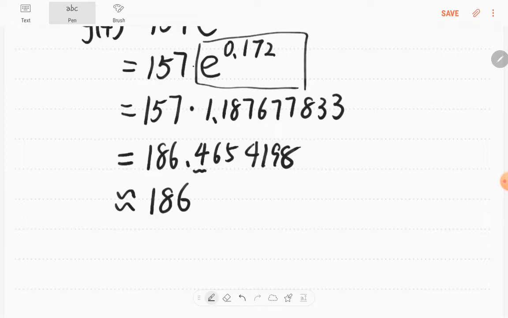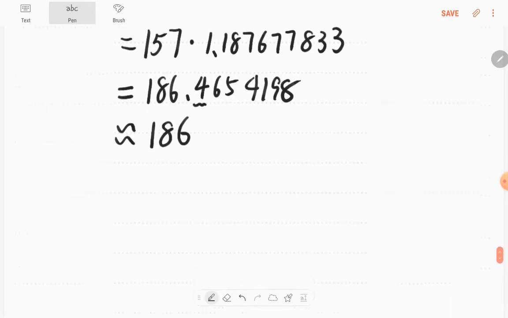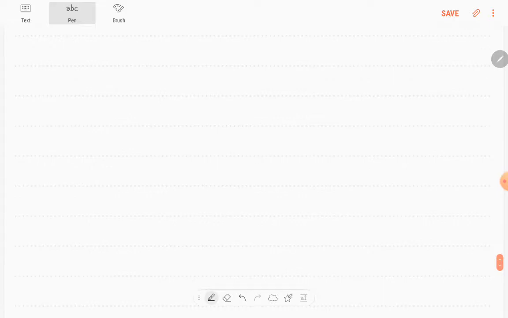So this is the example for the exponential growth in population. So next we want to learn what is called compound interest. Okay, compound interest. So we want to use the formula to calculate the compound interest.